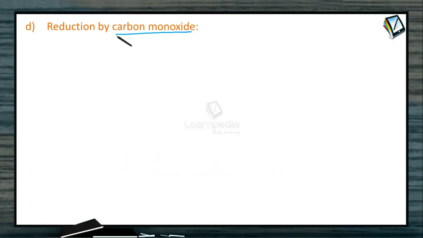Reduction by carbon monoxide. This carbon monoxide is used as a reducing agent in reducing which oxides of the metal? Already we have discussed that carbon monoxide is one of the good reducing agents in reducing hematite. This carbon monoxide is generally formed due to the incomplete combustion of carbon and then acts as a reducing agent.